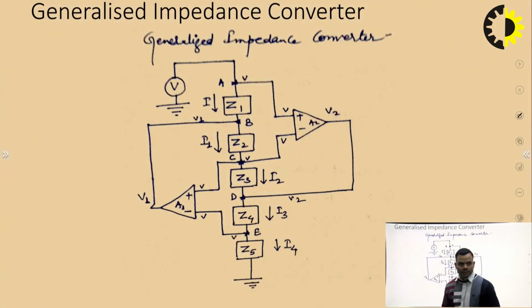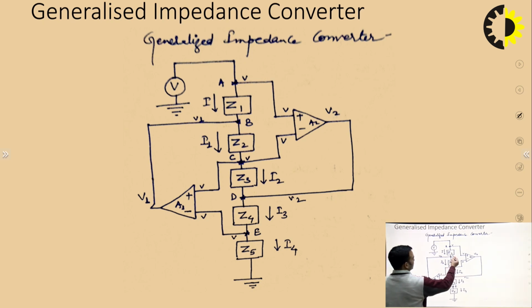So, let us analyze this generalized impedance converter circuit. See, we have taken 5 impedances Z1, Z2, Z3, Z4 as well as Z5. There are two amplifiers. One is A1, another is A2.